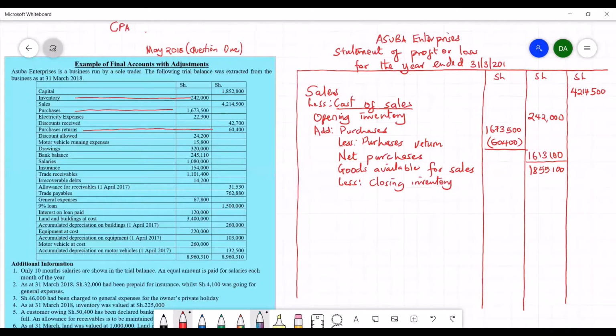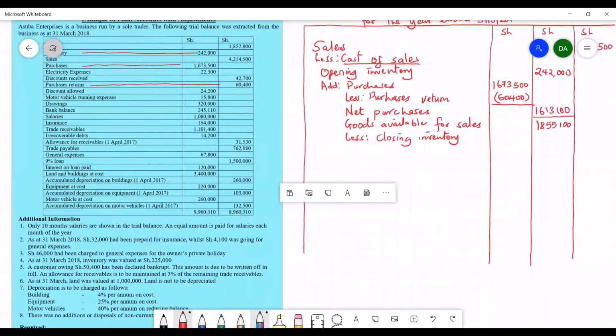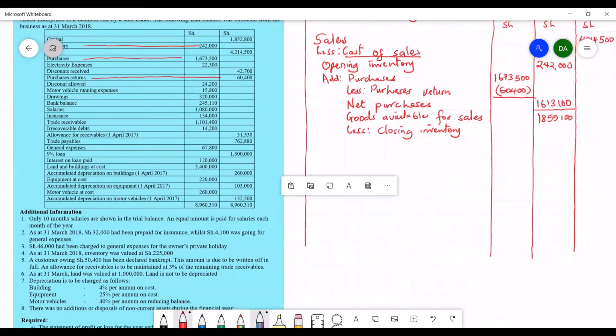The closing inventory is found in the additional information number 4. We are told that as of 31st March, the closing inventory was 225,000.